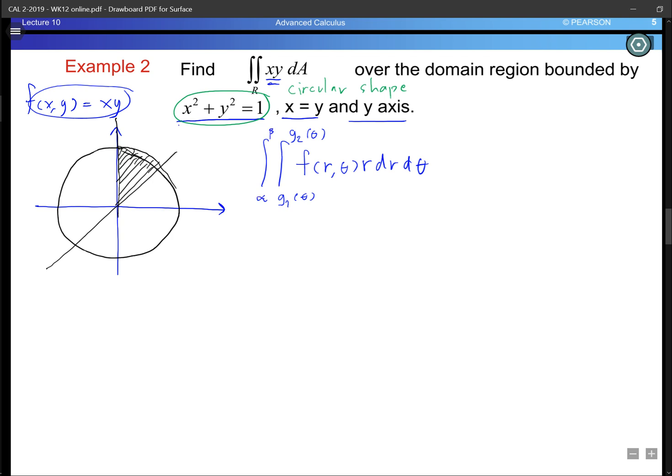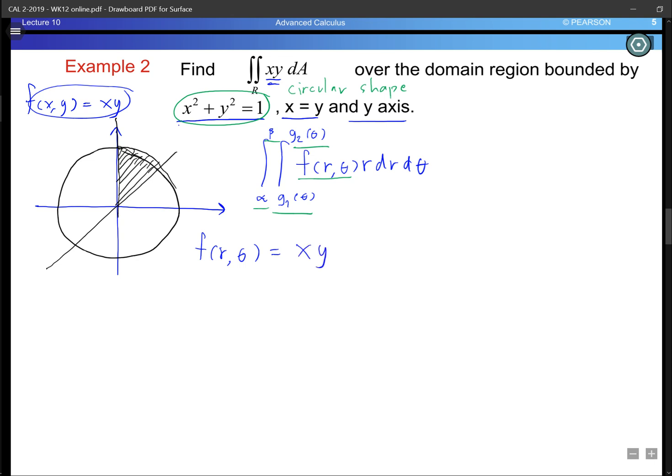Alright, and once again, our job is the same as example 1. Find out about all these terms: f, g1, g2, alpha, and beta. So let's start with this f in terms of r and theta. We need to know about this f in terms of r and theta. But it turns out that they give us x and y.